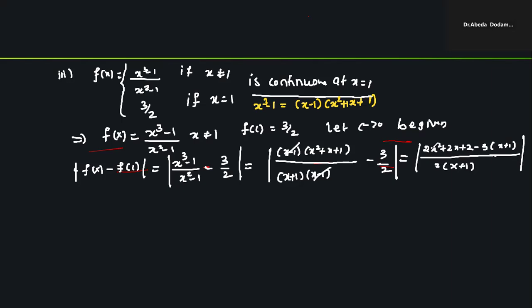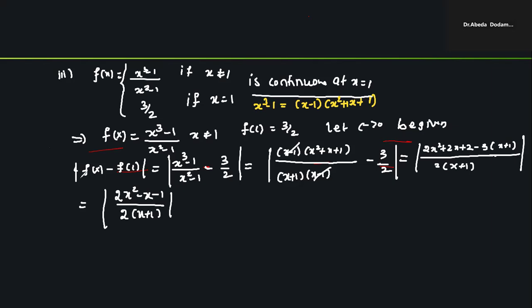Simplifying: 2x square plus 2x, minus 3x will be minus x, and plus 2 minus 3 will be minus 1. So the final answer I can write as (2x square minus x minus 1) upon 2 into (x plus 1).